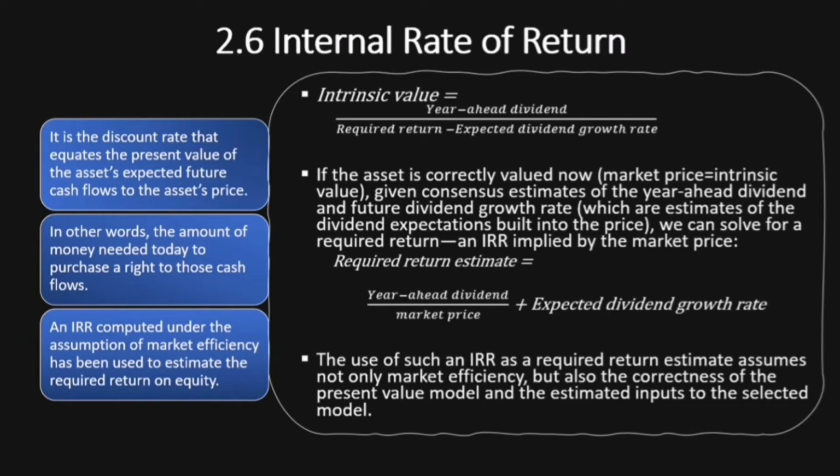The use of such an IRR as a required return estimate assumes not only market efficiency but also the correctness of the present value model and the estimate inputs to the selected model.